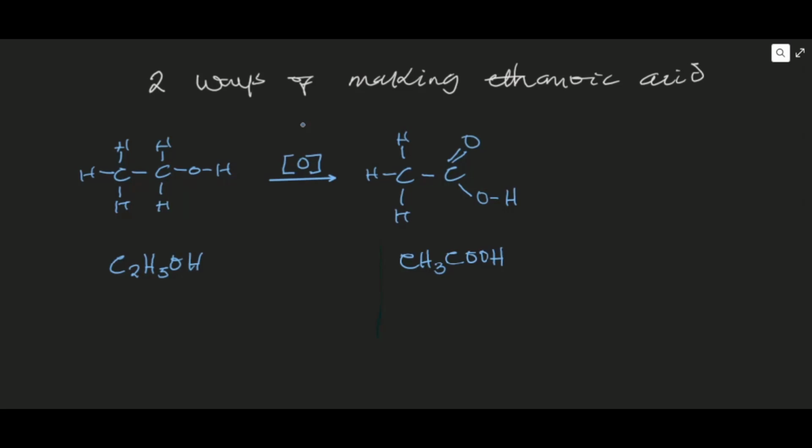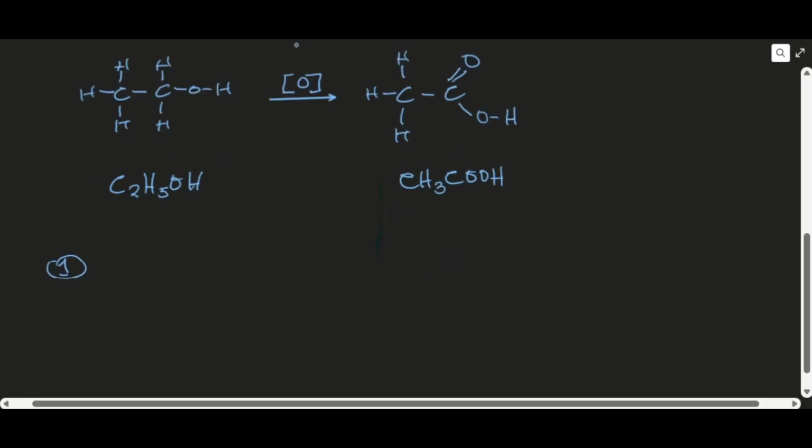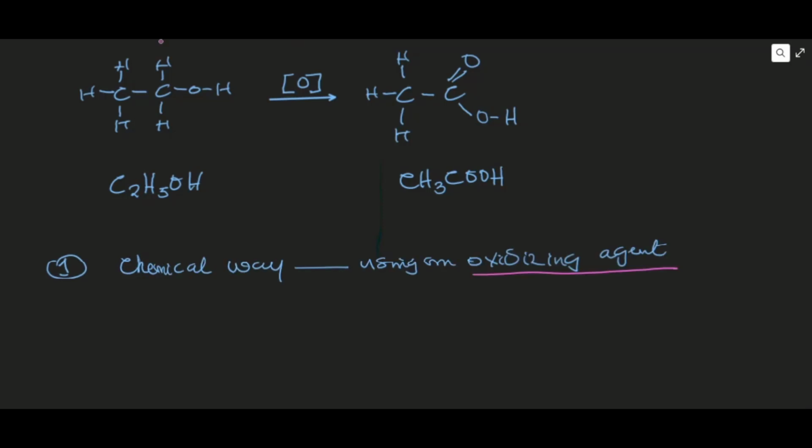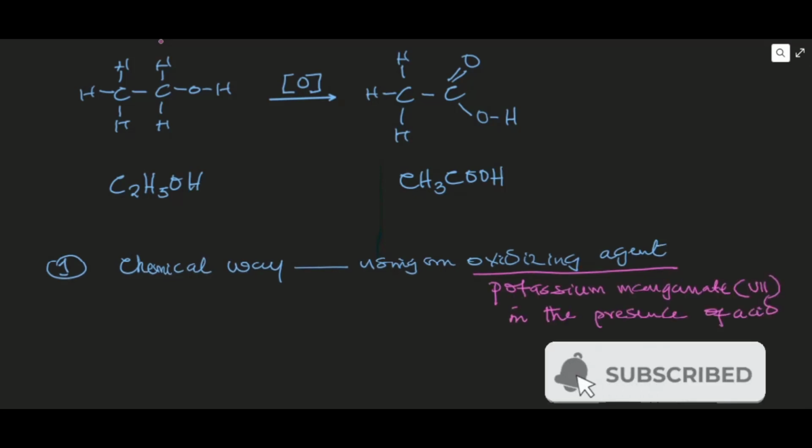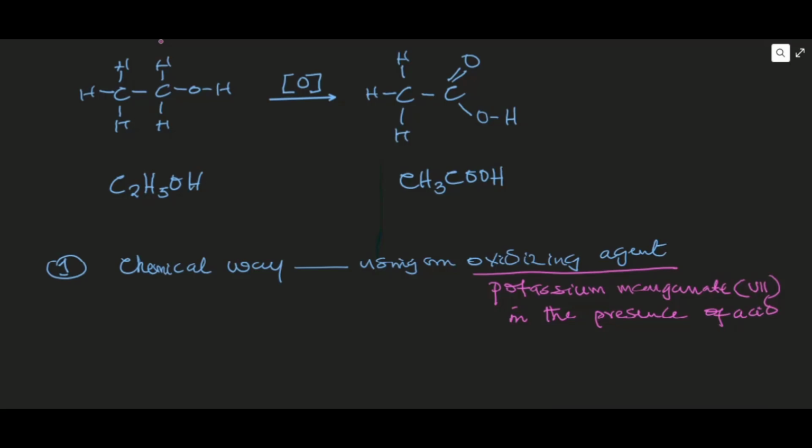Let's now look at those 2 ways. We said those 2 ways involve oxidation of ethanol to give us ethanoic acid. So let's look at the first way. The first way is using an oxidizing agent, and this is the chemical way. The oxidizing agent used in this reaction is potassium manganate(VII) in the presence of acid. Sometimes they call it acidified potassium manganate(VII).